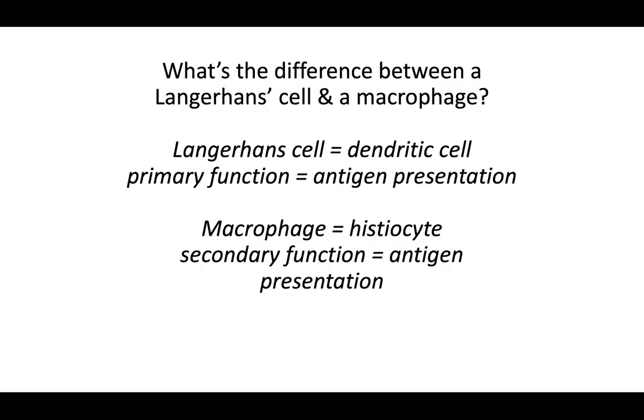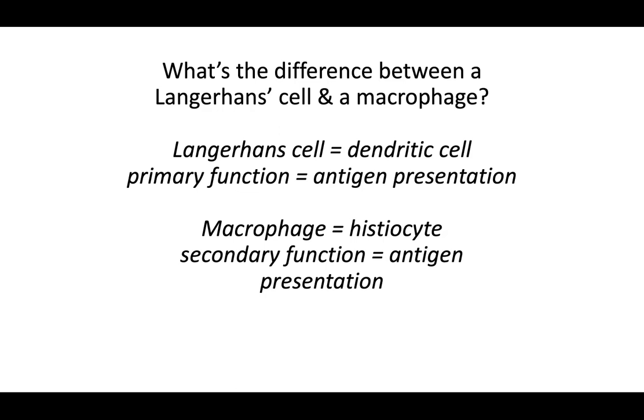And what's the difference between a Langerhans cell and a macrophage? So Langerhans cells are a special cell type that are present in the skin, and it's a dendritic cell. The primary function of the cell is to present antigens. So it's an antigen presenting cell. Macrophages are histiocytes, and they also present antigens.